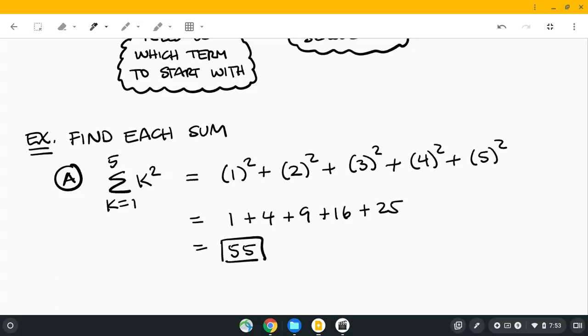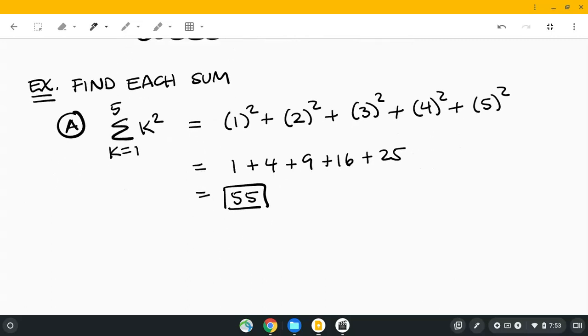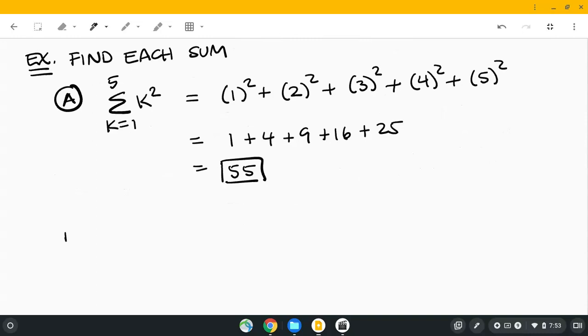All right. So let's take a look at this next one where we don't start with the first term. Suppose that we have to find the sum starting with the third term all the way up to the fifth term. And here is our formula.